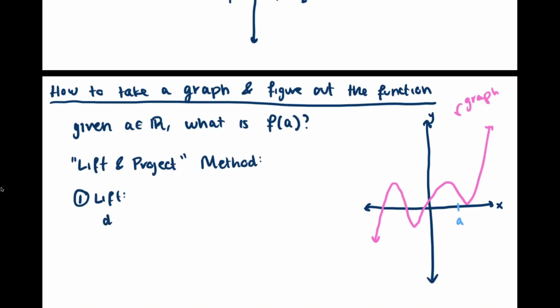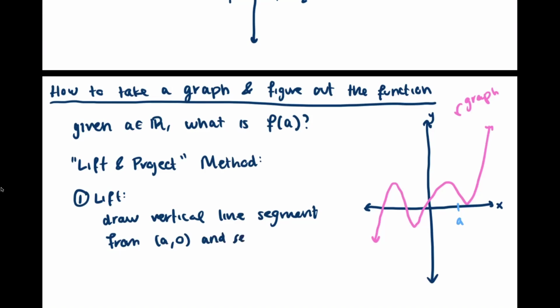So draw a vertical line segment from the point a, 0 in our Cartesian coordinate plane and see where it hits the graph.